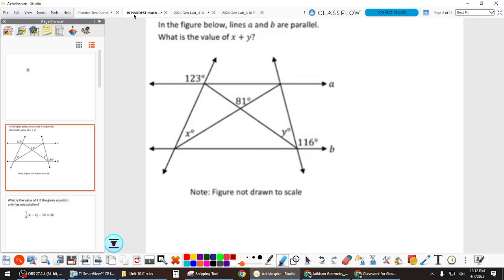Why? Well, even if these unnamed lines were parallel, it still couldn't go there because those would then be same side exterior, which are not congruent. It would be like 123 going here. That's not okay, right?